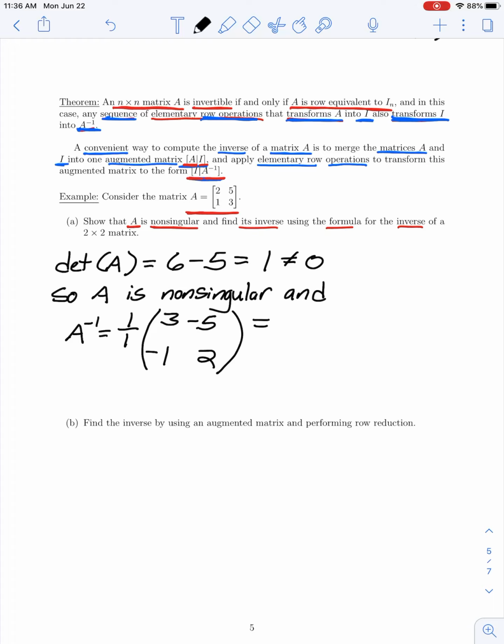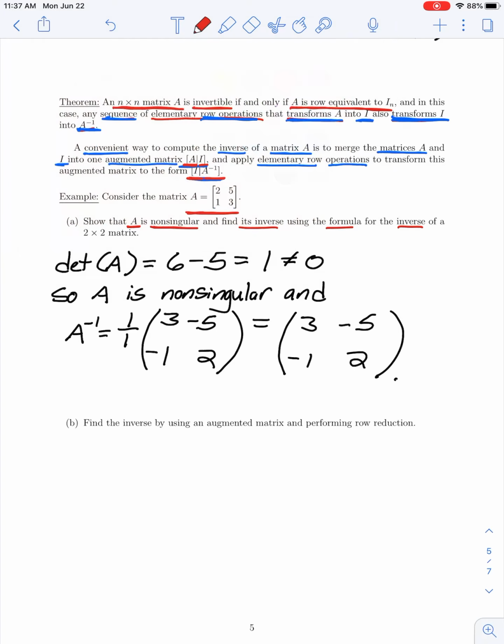In this case, our 1 over determinant out in front of the matrix just reduces to 1. So for A inverse, we're left with 3, negative 5, negative 1, and 2.